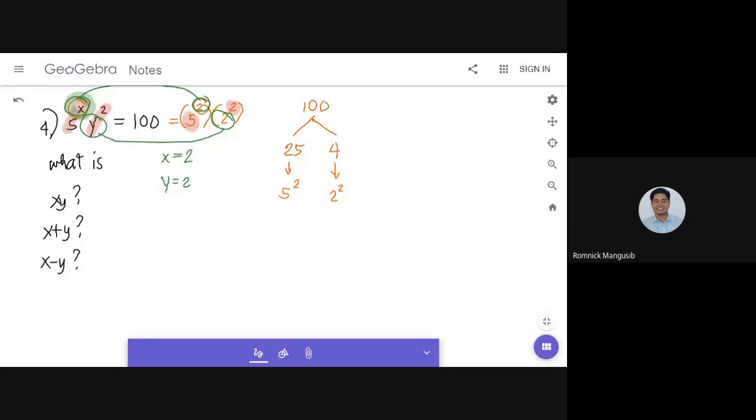Kasi kung ano ang naging exponent ni 5 para lang makuha ang 100. For you to know naman, ang 100 is divisible by 25.